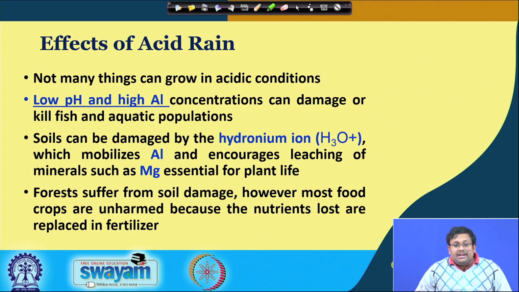Forests suffer from soil damage. However, most food crops are unharmed because the nutrients lost are replaced by fertilizers. In forests, the soils are not replenished, because we do not apply fertilizer there. As a result, the worst affected areas due to acid rain are the forests.